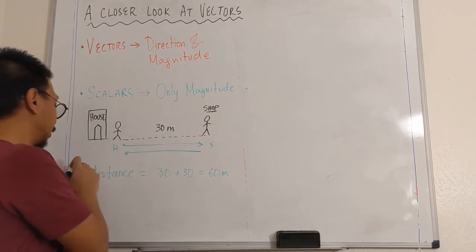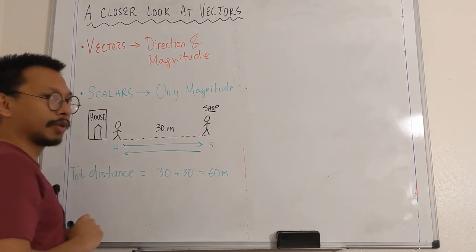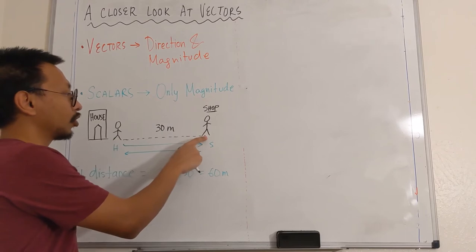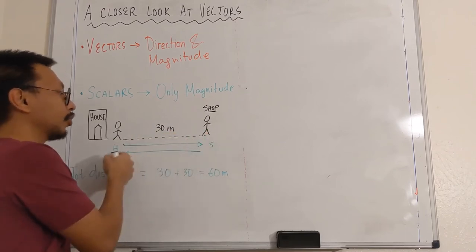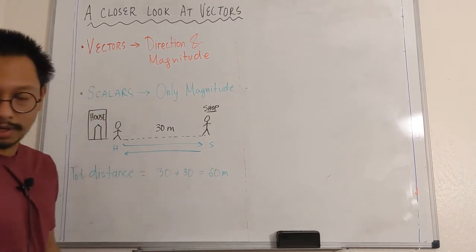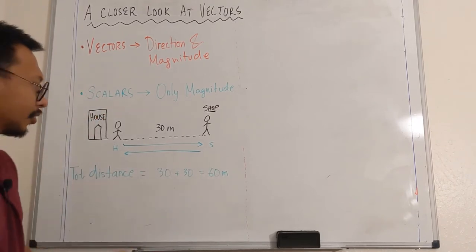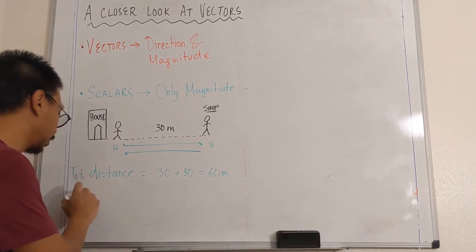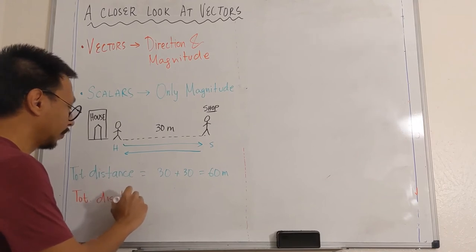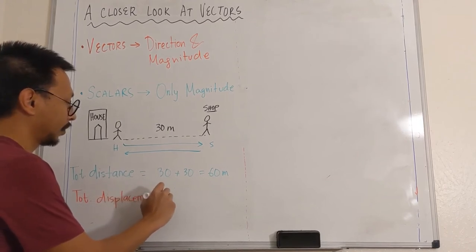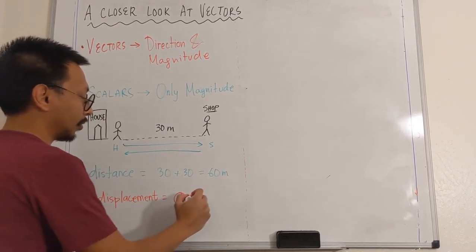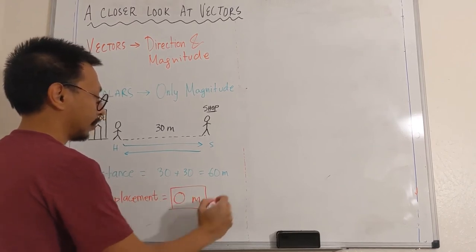So the total distance should be the summation of two positive numbers: one, the distance from home to shop, and two, the distance from shop to home, giving you the total distance to be 60 meters. Now, if I asked you what the total displacement would be, then you would be surprised to know that it will be 0 meters.